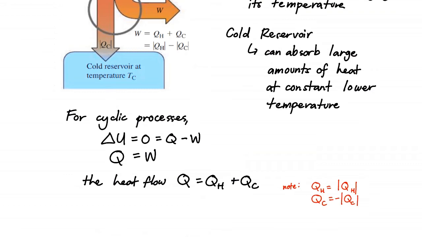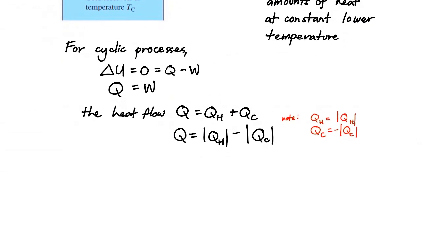So let's plug these values doon sa ating total heat. So Q is equal to absolute value of Q sub H minus the absolute value of Q sub C. Now that we know yung value ng Q, we can show that this is equal to the work done.